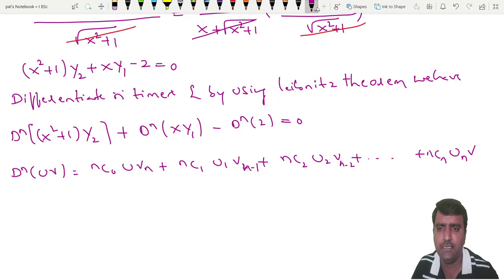Like that, U1 is the differentiation of u and V_(n-1) is the (n minus 1)th differentiation of v, and U2 is the differentiation of U1 and V_(n-2), like that it continues.